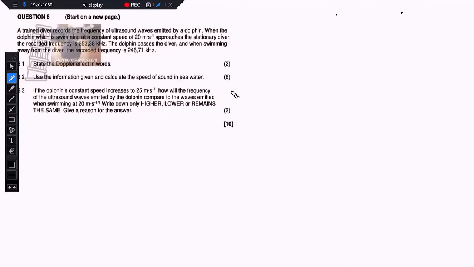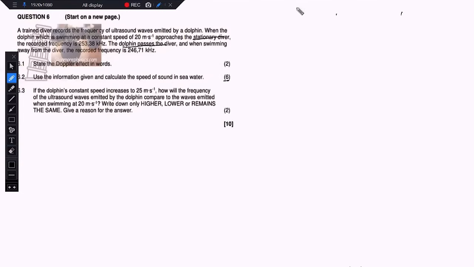Now, for 6-mark questions, we know that they usually involve having to use simultaneous equations. So here, as we are reading, we have 2 situations. We have a situation whereby the dolphin is approaching the stationary diver, and also a situation whereby the dolphin is moving away from the stationary diver.